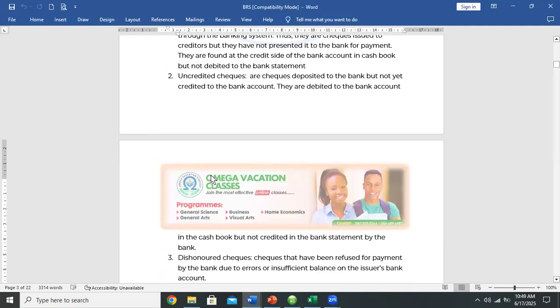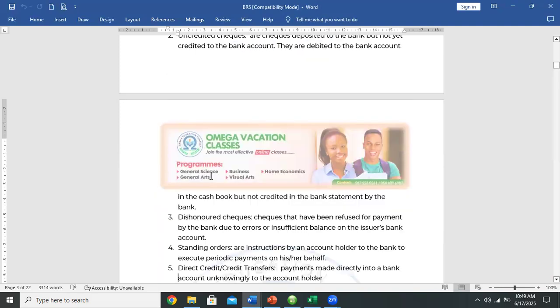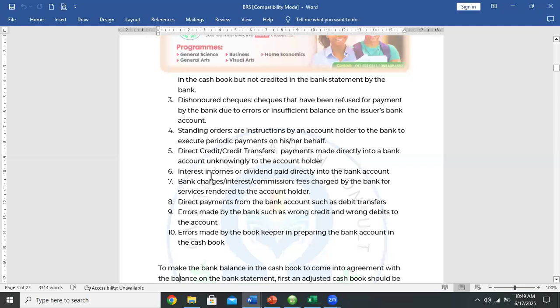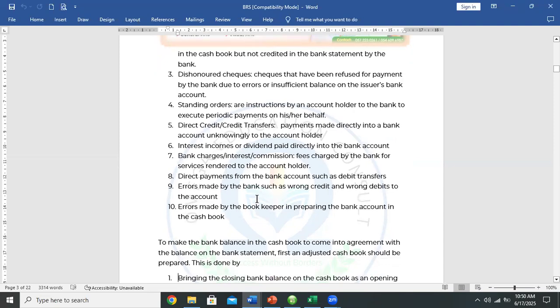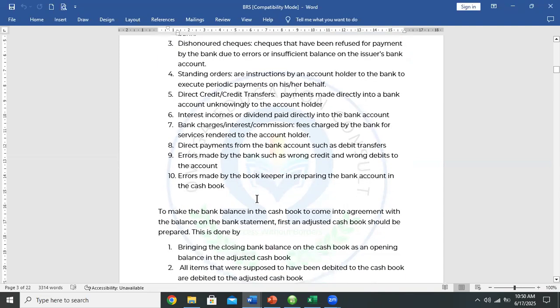So unpresented checks, uncredited checks, dishonored checks, standing order. Prof. Ashley is also here. We have bank charges, direct payment, or what we call direct debits, transfers, and then errors made by the bank and errors made by the bookkeeper, or the accountant of the business. So these were the 10 causes of the difference that we saw.